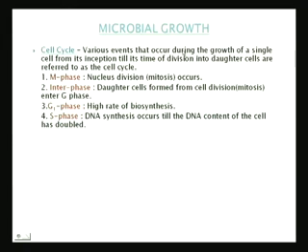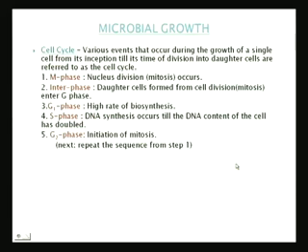The G1 phase is all part of the growth phase, but it is essentially biosynthesis of different elements that come into the cell. The S phase is a very important phase where DNA synthesis occurs until the DNA content of the cell has doubled. And then is the G2 phase, the final phase, which is the initiation of the mitosis.